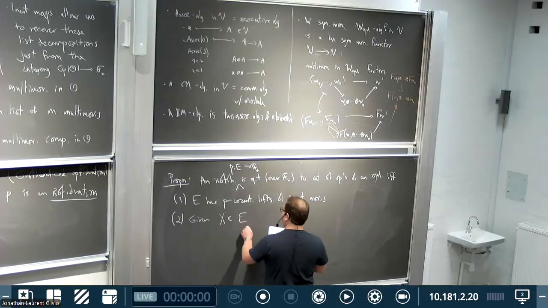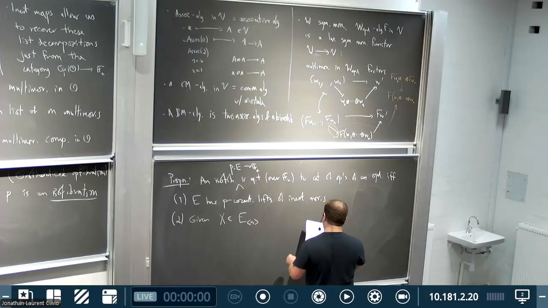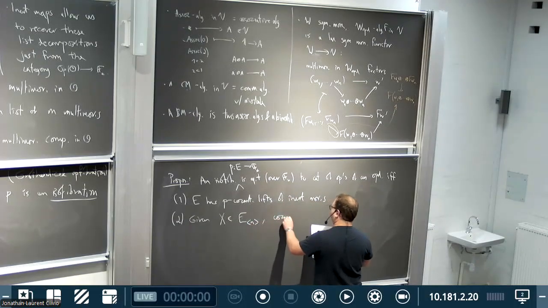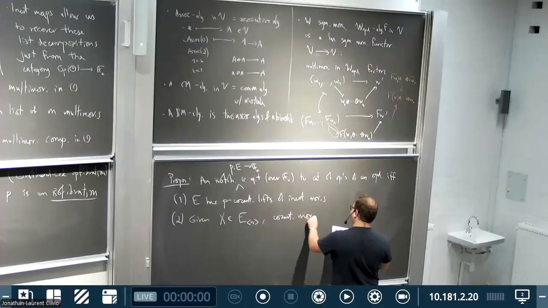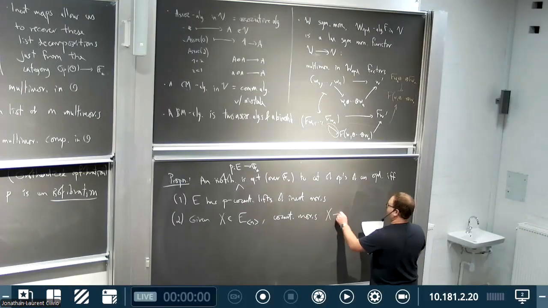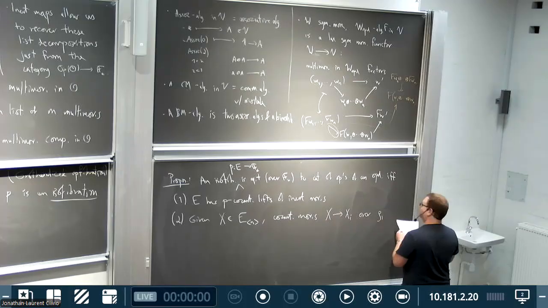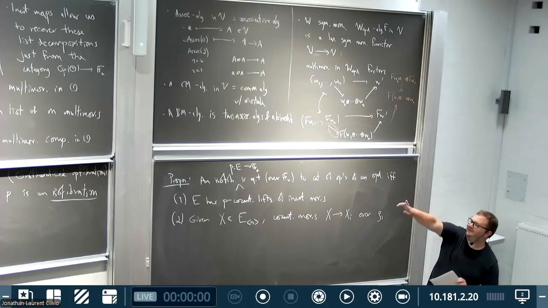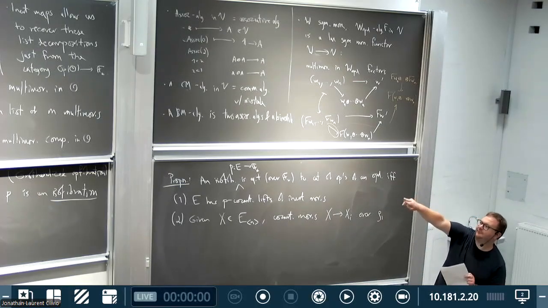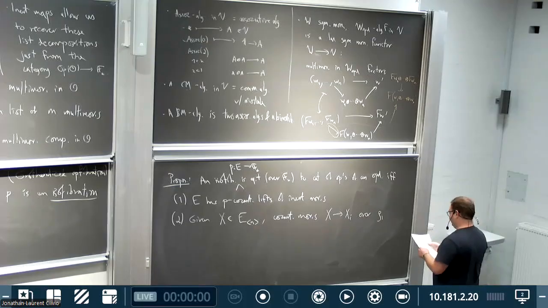Given x in E in the fiber over bracket n, and Cartesian morphisms over rho_i, these are the inert maps from n to 1.